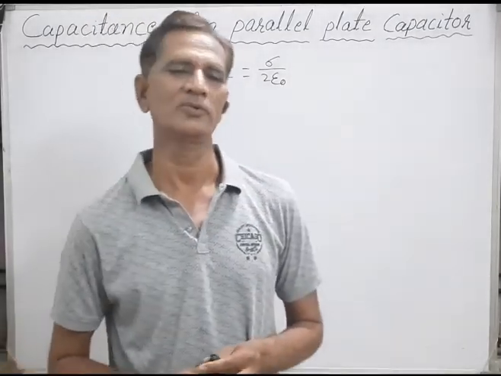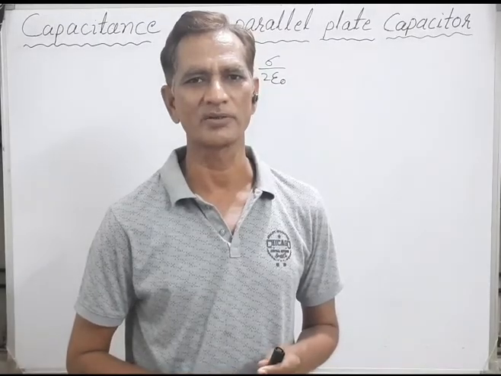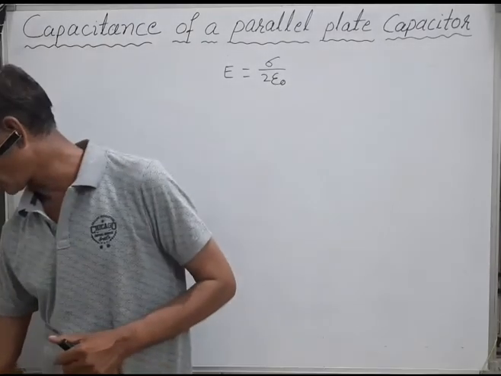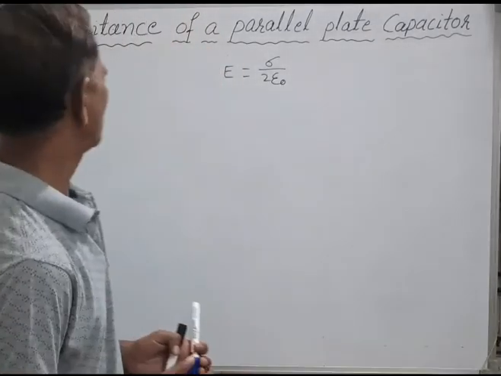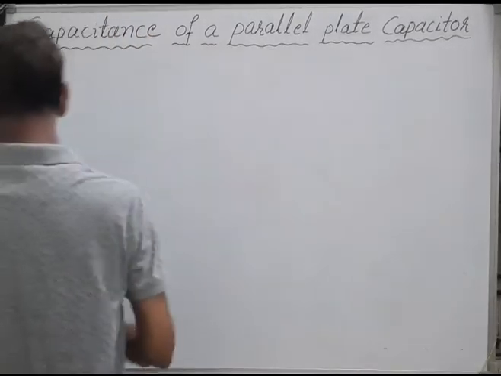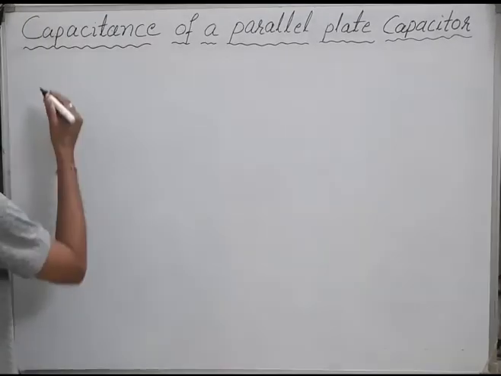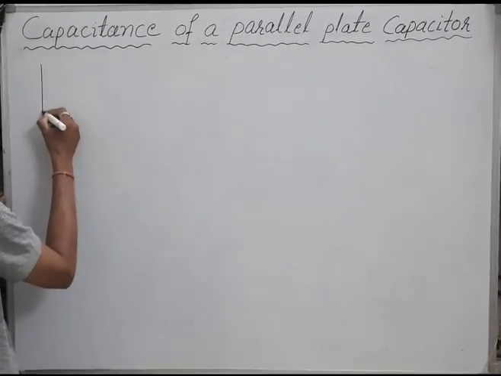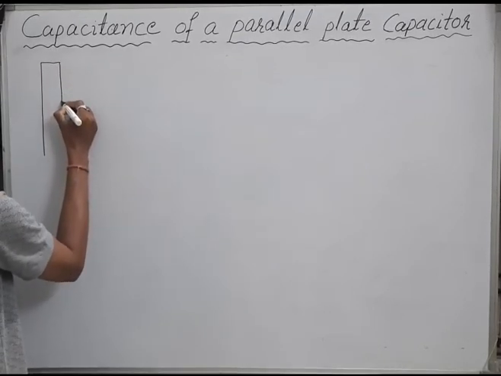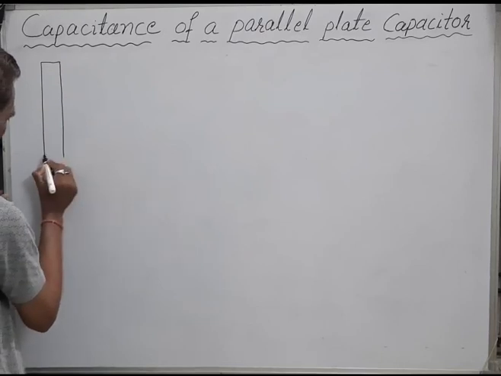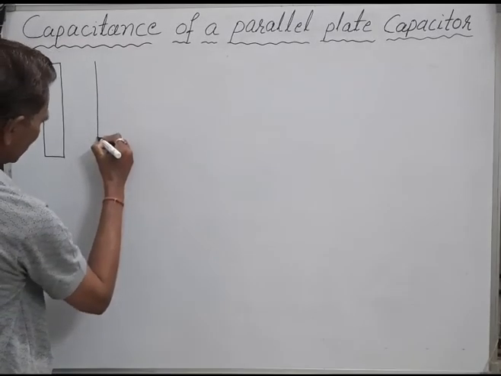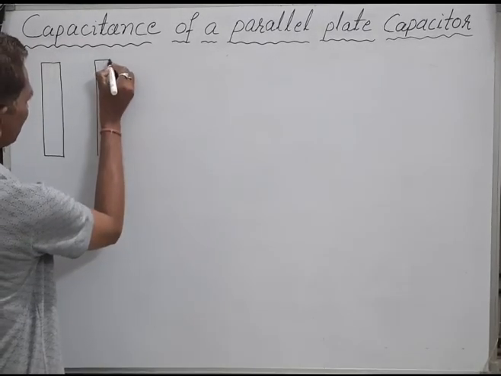Let us derive now the capacitance of a parallel plate capacitor by understanding these 4 questions which are coming in this topic. First of all, we draw the parallel plate capacitor. Here are the two plates which are parallel to each other, having the same area, and separated by a distance.